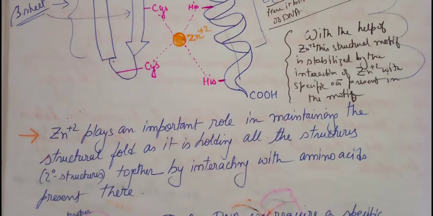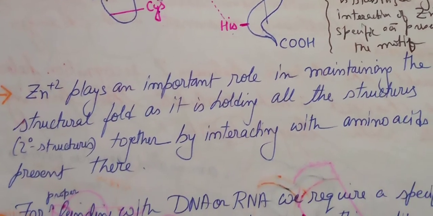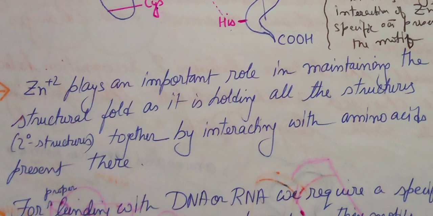Zn plus 2, or zinc, plays an important role in maintaining the structural fold as it holds all the secondary structures together by interacting with the amino acids present there, as I have shown to you.